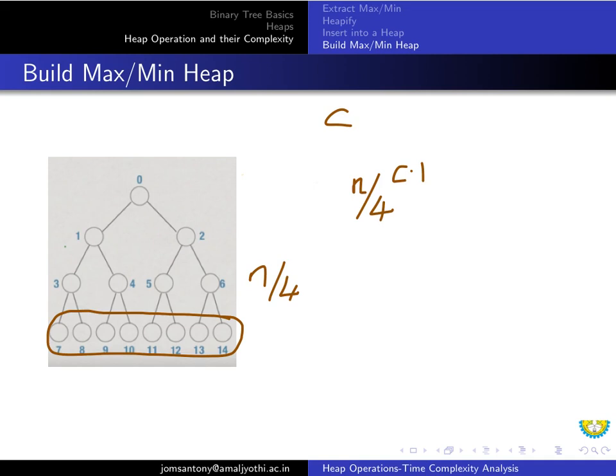Now that level is completed, and you go one level up, where you have n by 8 nodes, and in all those nodes you may have to perform 2 comparison and swapping operations, which means in the next level you need to perform n by 8 into c into 2.